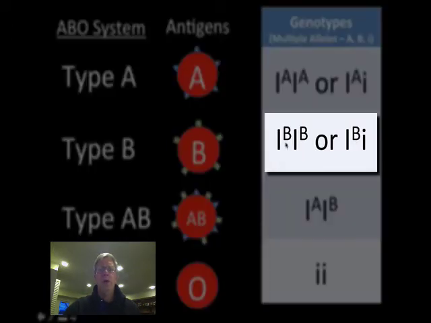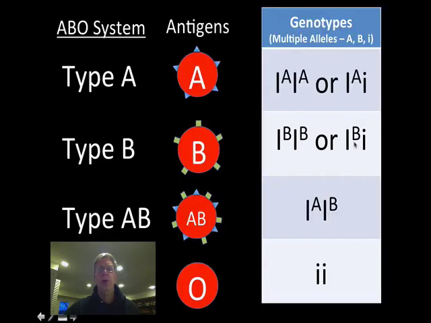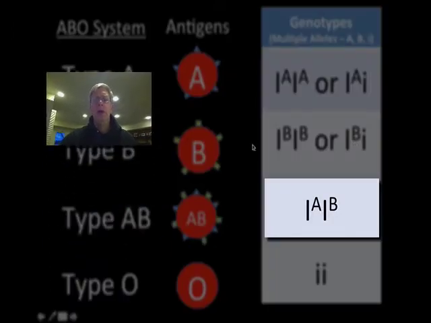Likewise with type B blood, if both parents gave the B allele, the individual would have type B blood, or if one parent gave the B allele and the other gave the recessive allele for no antigen, then this individual would have type B blood as well. If one parent gave the dominant A allele and the other parent gave the dominant B allele, then this is the individual with type AB blood.